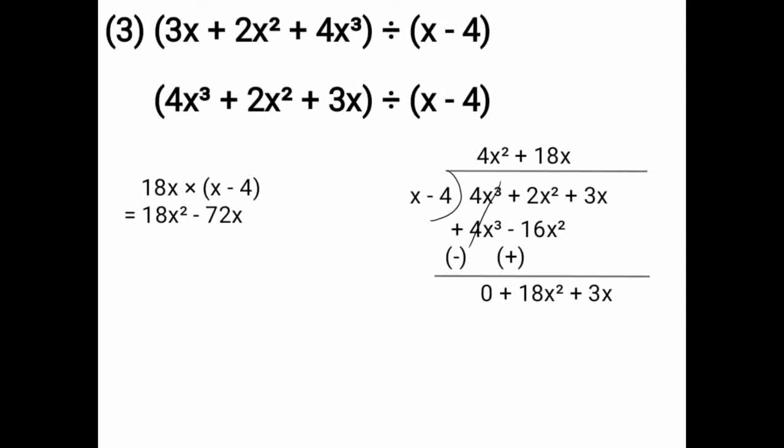Like terms which have the same variable, only in that place you have to write, but you have to write it vertically. So plus 18x square minus 72x. Now take the opposite sign. Plus become minus. Here minus will become plus. 18x square minus 18x square get cancelled. You have to add 72x plus 3x.